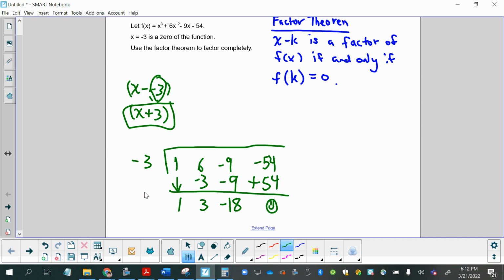Great. So now we can take these numbers at the bottom row here and use those as coefficients to a new polynomial that is 1 degree lower than the original. And why is this useful?